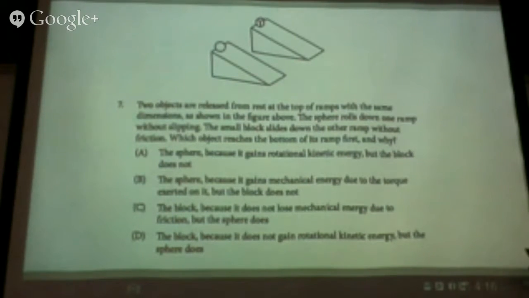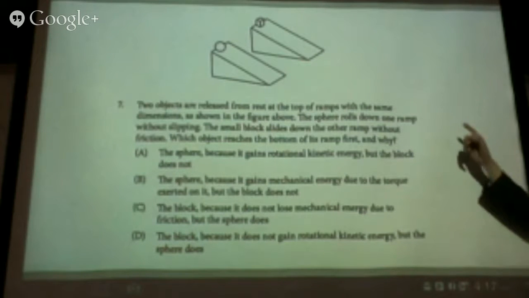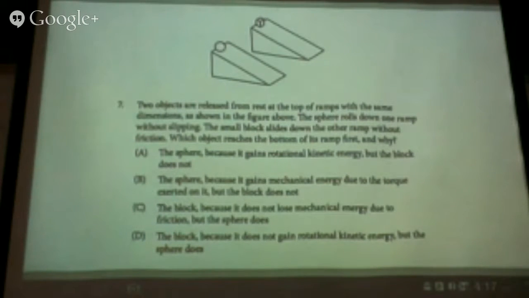We don't have to worry too much about how much of each it has. Just the fact that some of that energy it starts with is rotational kinetic energy now tells us that when it gets to the bottom, that ball has less translational kinetic energy than the block does. Translational kinetic energy is 1/2 mv squared. Since they're both the same mass, we can also say then that the block must be moving faster from place to place than the sphere is.